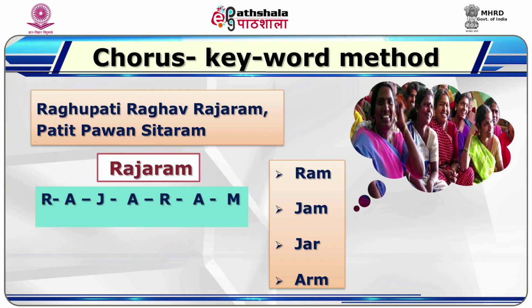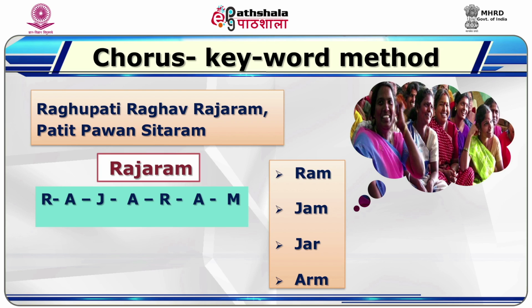Raza means leave. Zara. Zara means little bit. Jar, that is water jar. Jam, which all of us eat with bread. Then Raja, that is a king. Mama, that is a maternal uncle, or some other names like Ram, Rama.